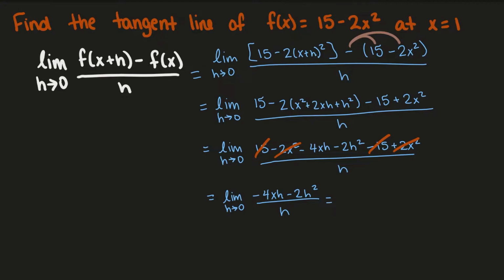So if we do that, we'll get the limit as h goes to 0 of h times negative 4x minus 2h all over h. And now this allows us to cancel out our h's in our numerator and our denominator. So we're left with the limit as h goes to 0 of negative 4x minus 2h.